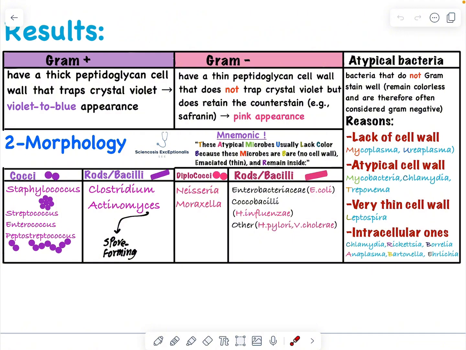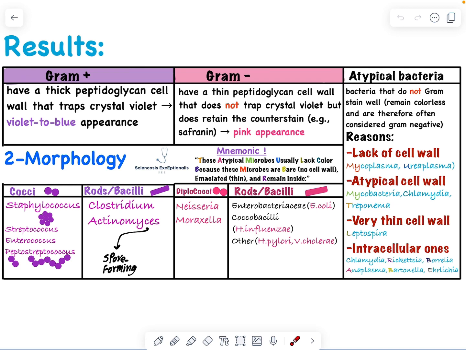The gram-positive cocci are further divided according to their arrangement into clusters as Staphylococci, pairs as Streptococcus pneumoniae, Enterococci, Peptostreptococci, or chains as Streptococci. The gram-positive bacilli are either aerobic or anaerobic. Clostridium and Actinomyces are anaerobic gram-positive bacilli, and both of them are spore-forming.